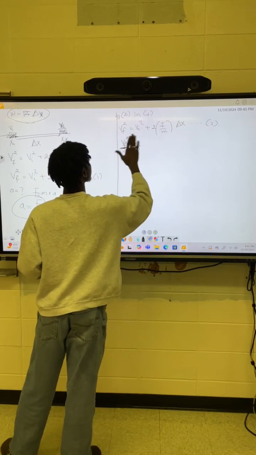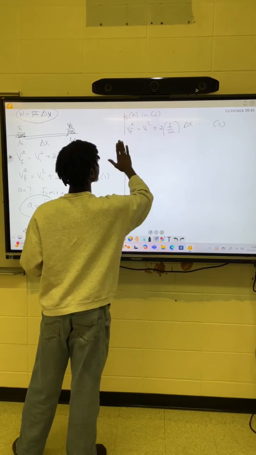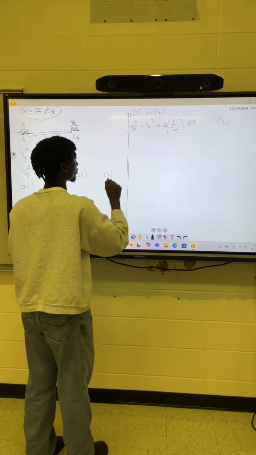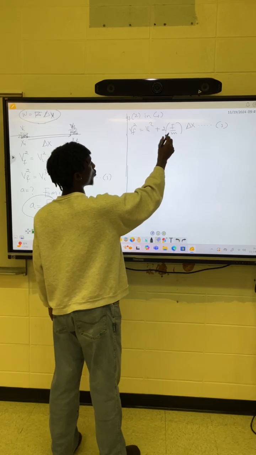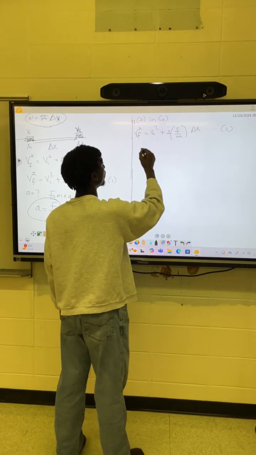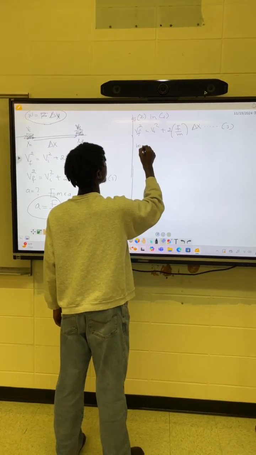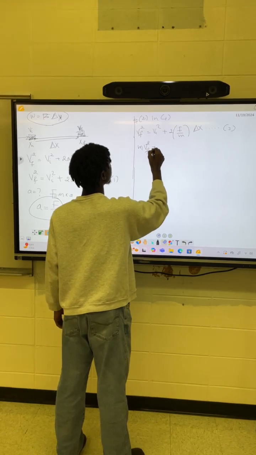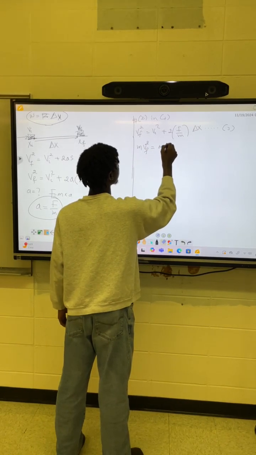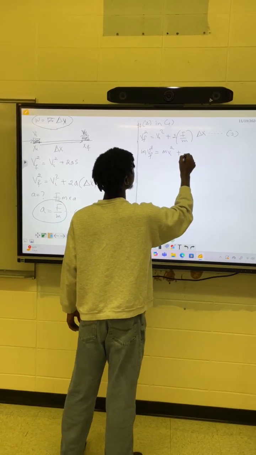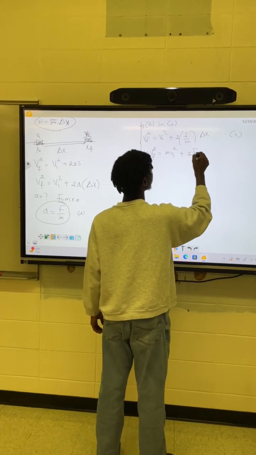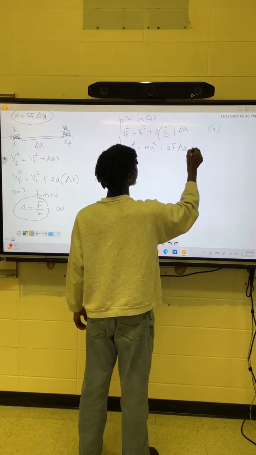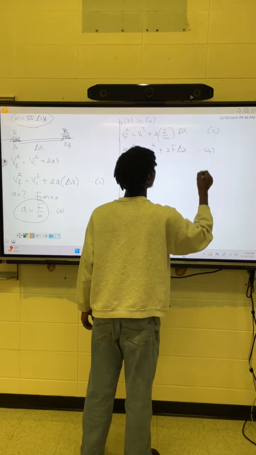So we multiply both sides by m. It becomes m vf squared is equal to m v initial squared plus 2 F dx. This is equation 4.